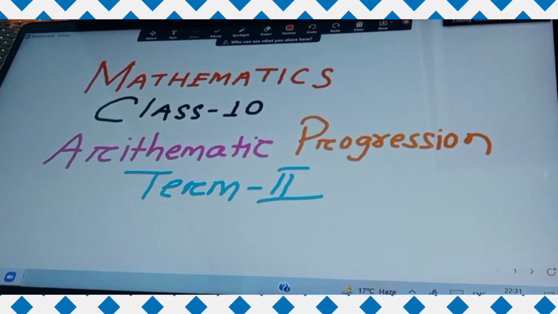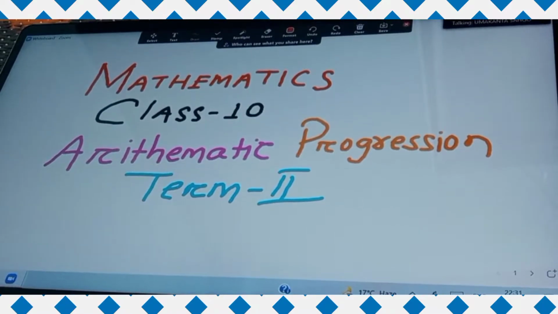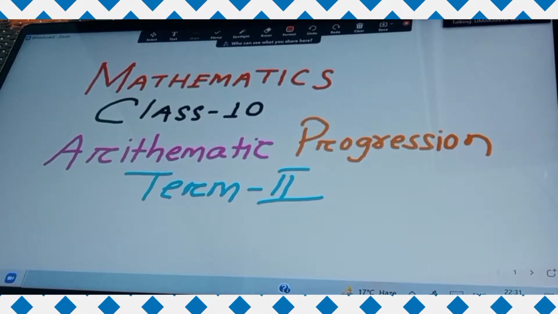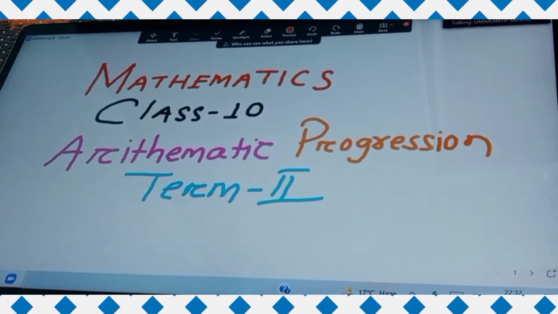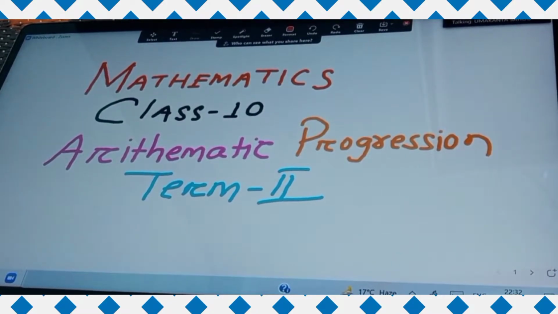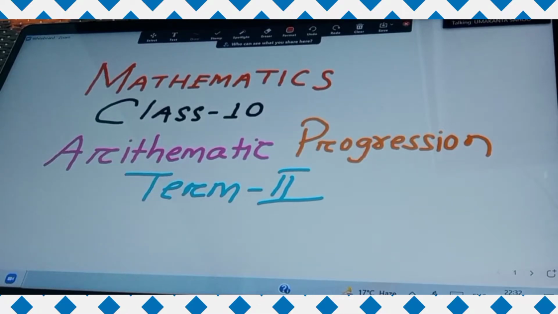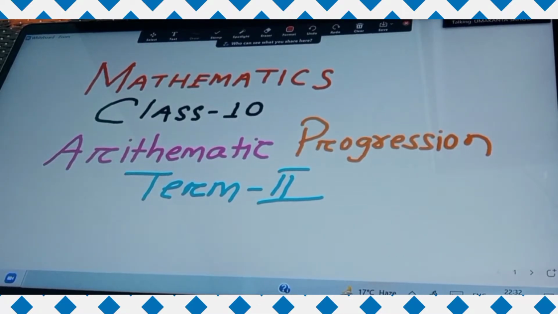Okay, dear students, once again, welcome back to another interesting chapter of your class 10 mathematics for your term 2 examination. As you can see, I'm going to discuss the chapter arithmetic progression, which is one of the most interesting and lucid chapters, and a vital chapter for your class 10 term 2 examination.